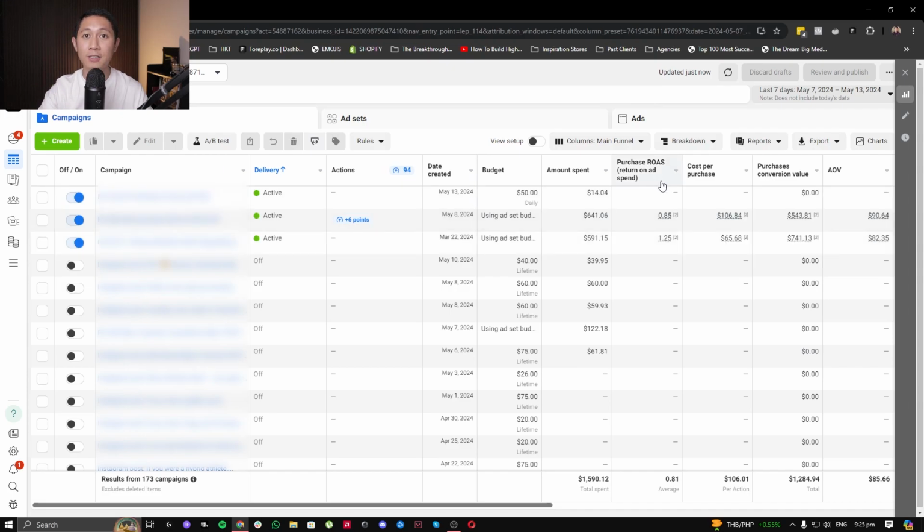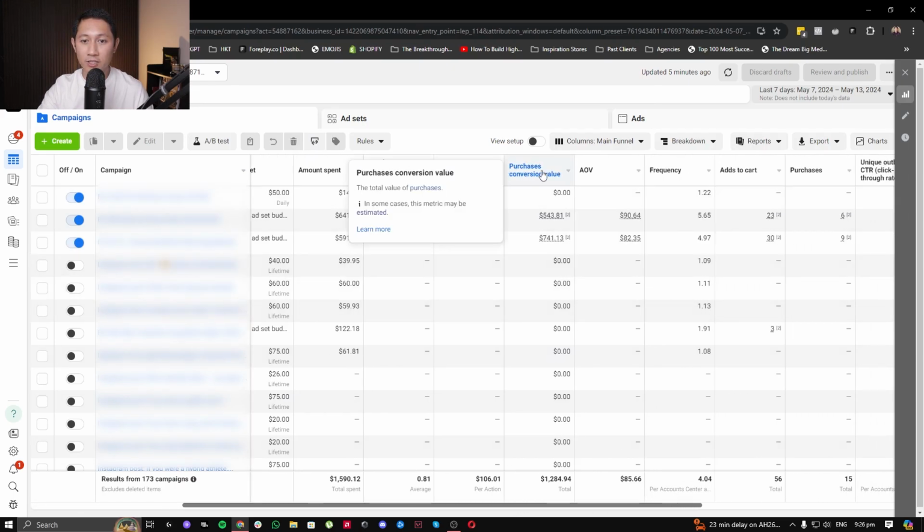It's the return on ad spend and the cost per purchase. Depending on what the client wants, if they are more focused on cost per acquisition or cost per purchase, then I will try to optimize everything to get the lowest cost per purchase. But if they are after the return on ad spend, I will be focusing my decisions more by looking at the return on ad spend.